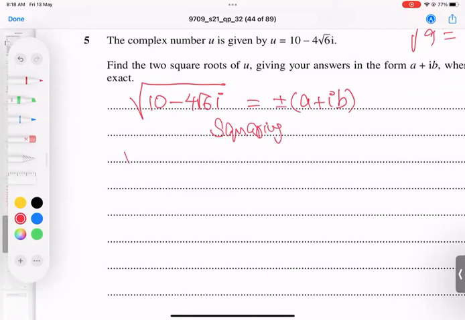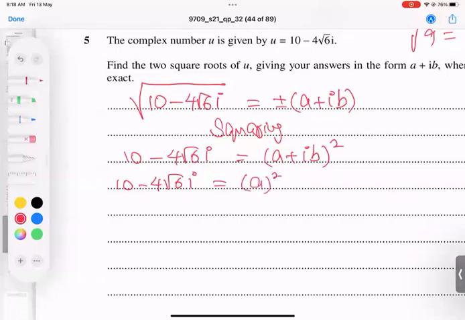Squaring the left side, I get 10 minus 4 root 6 iota. And squaring the right side, the square of plus remains plus, the square of minus becomes plus. I mean, in short, I'm squaring a plus iota b whole power 2. So be careful: first term square plus 2 times first term times second term plus second term square.